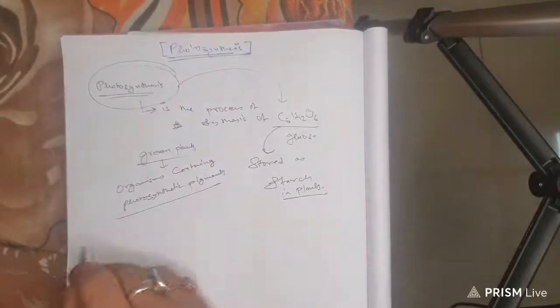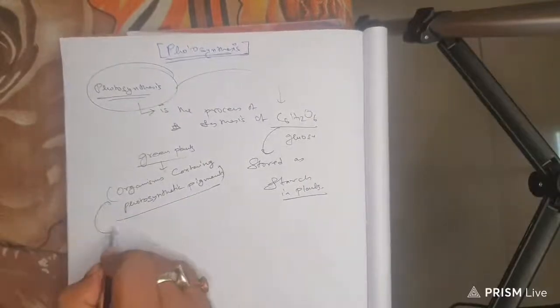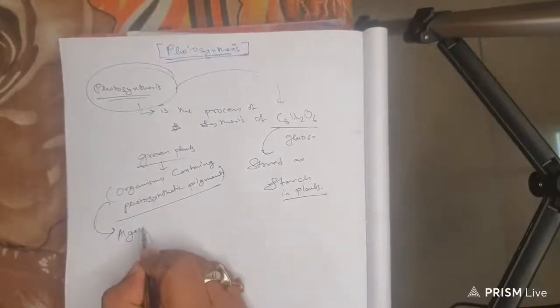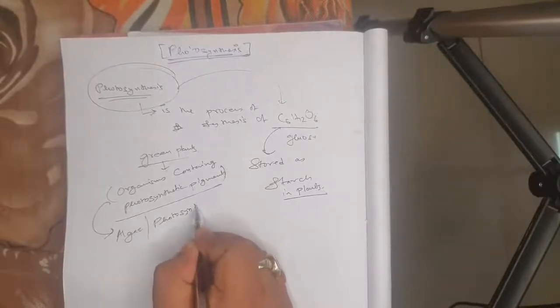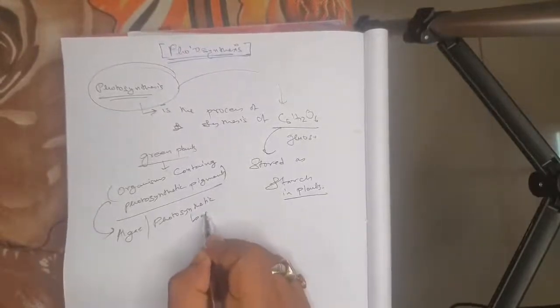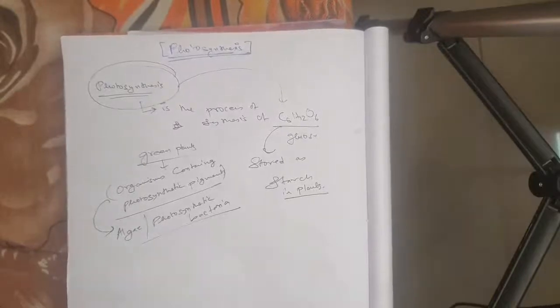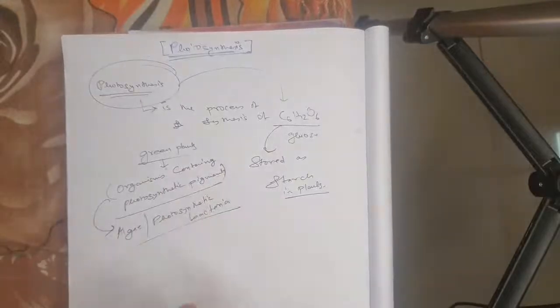By organisms containing photosynthetic pigment, I also mean algae and photosynthetic bacteria. So these are the organisms which carry the photosynthetic pigment.